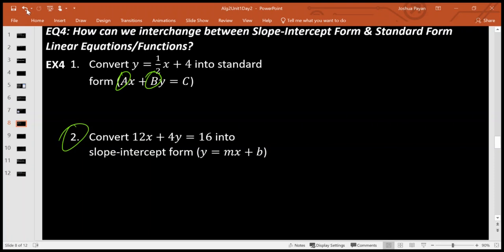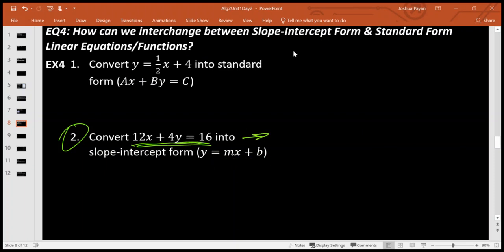A and b are integers, whole numbers. And here we have y by itself, the dependent variable by itself. M and b, we don't really care if they're integers or not, okay? Just like what we see here in this first example. So let's go ahead and take this one and convert it into slope-intercept form.